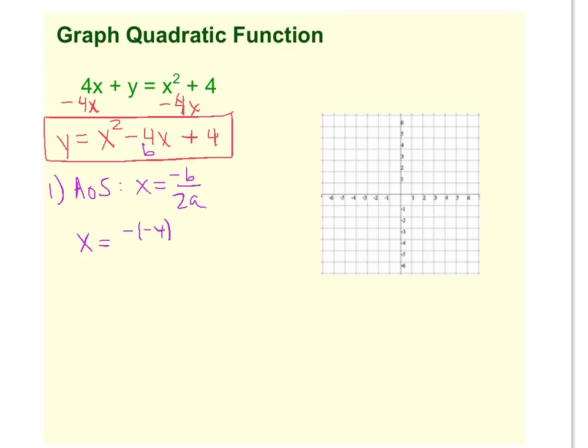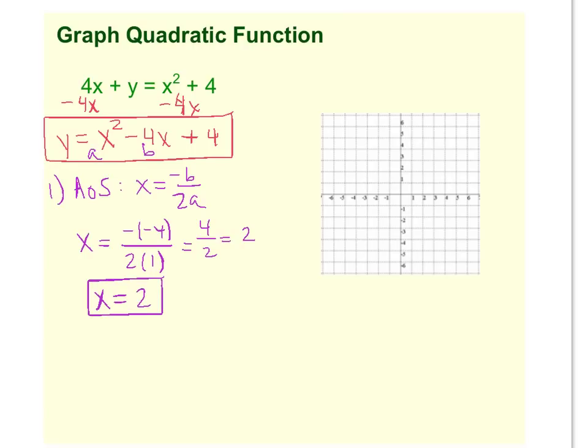Do you see that negative negative right there? Look out for that. Over 2 times our a value, which is whatever's in front of the x squared, in this case just a 1. So the negative negative 4 becomes positive 4 over 2, which is 2. So our axis of symmetry is x equals 2.